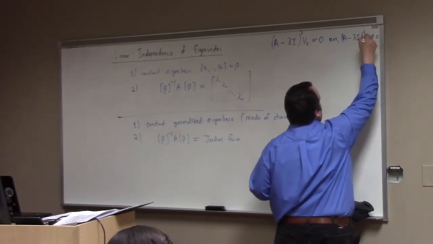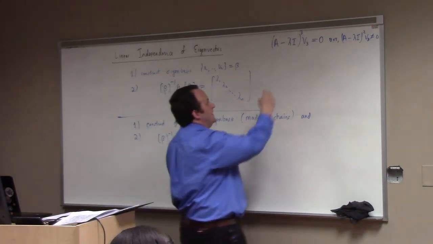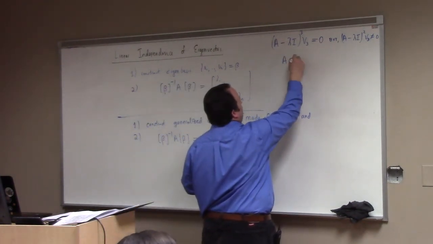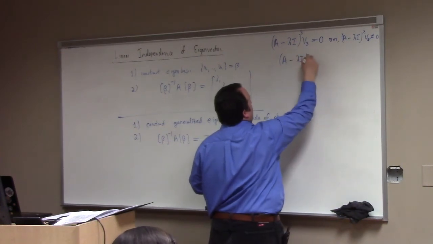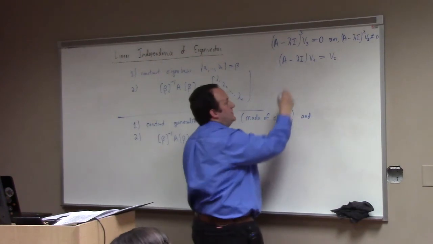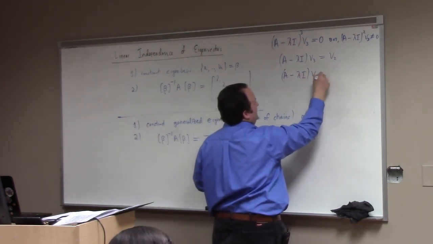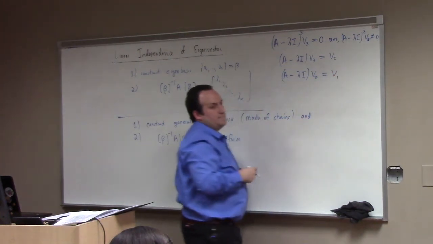Suppose you had a generalized eigenvector of order 3. Then I'm going to make A minus lambda I acting on V3 equal to V2, and A minus lambda I acting on V2 equal to V1, all right?